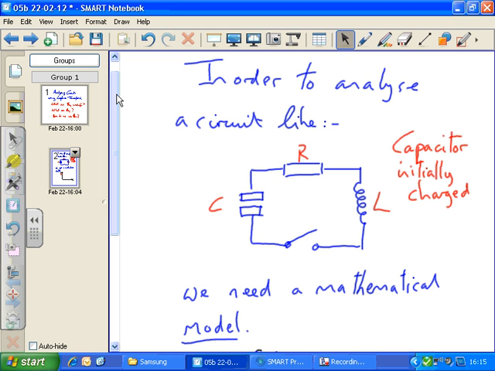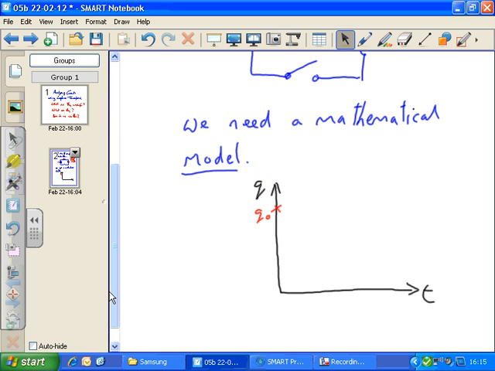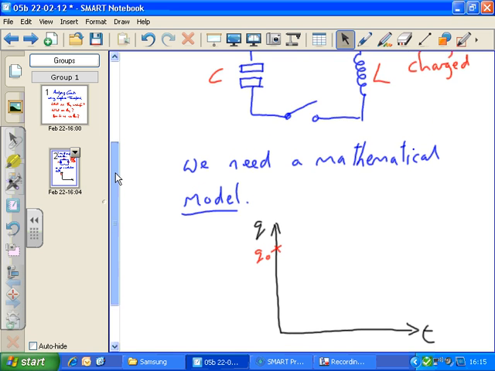So we could usefully come up with some sort of model to describe how this thing's going to behave. And then we can change the values of L and C and R and see the effect. And also, if we want a particular effect, assign values to L and C and R to give us that effect. So it's useful to be able to come up with a mathematical model to describe the circuit rather than just play around with it and be reactive rather than proactive.